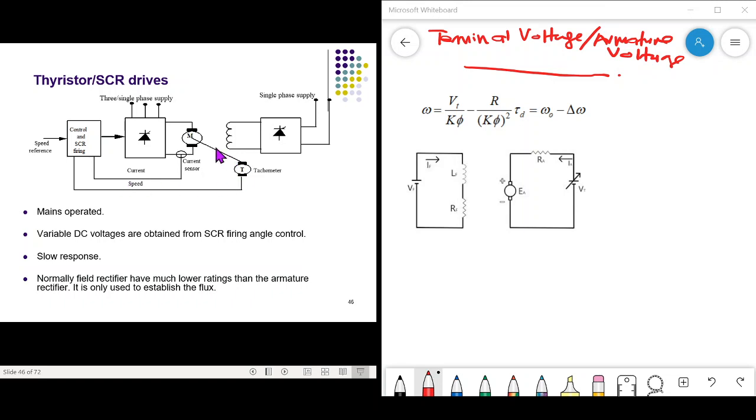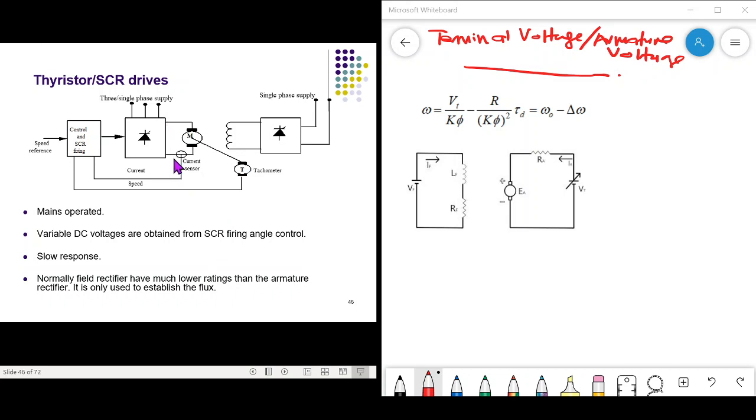This is the main operation of the thyristor SCR drive, and the variable DC voltage is obtained from SCR firing angle control.